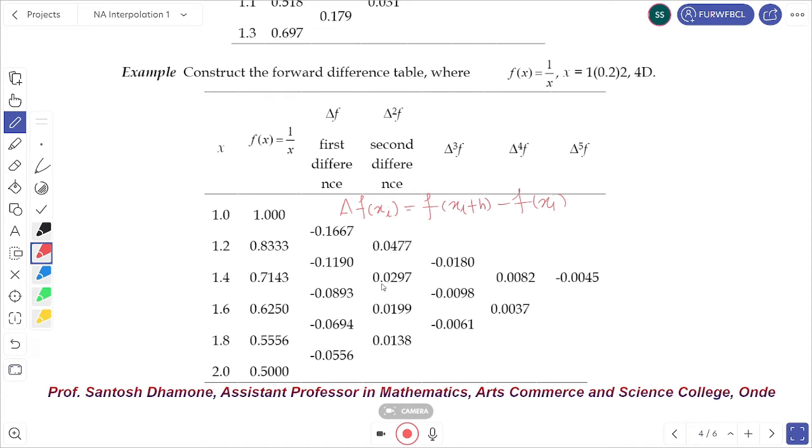Similarly, the differences are 0.0297, 0.0199, 0.0138. The third differences are minus 0.0180, minus 0.0098, minus 0.0061, and now the fourth differences are 0.0082, and 0.0037, and the last difference is minus 0.0045.